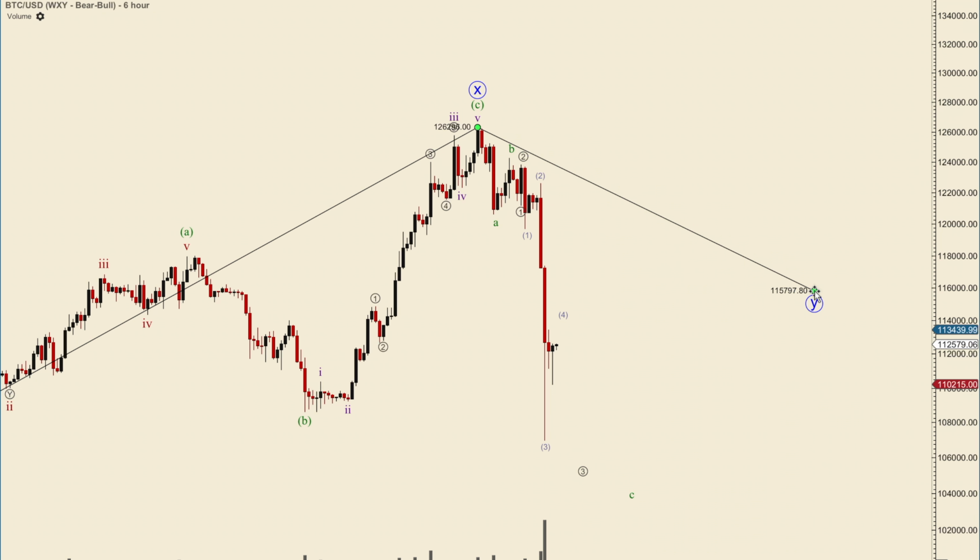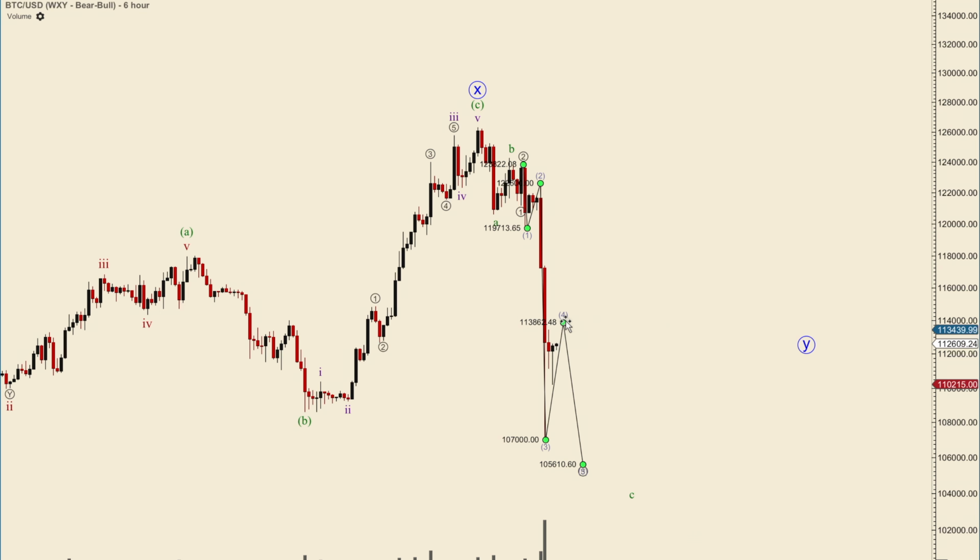So Y will finish like around here somewhere. But that is a bit early to talk about. So now we are just waiting for confirmation. Basically, we want wave 4 to be hit for a 61.8 to invalidate an impulse, meaning that we want to count this as a finished wave C soon.